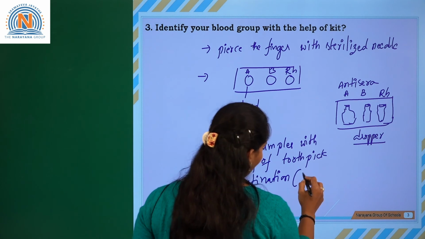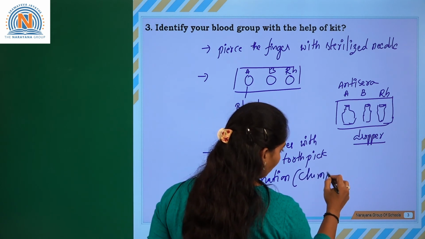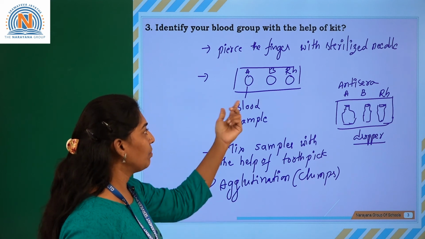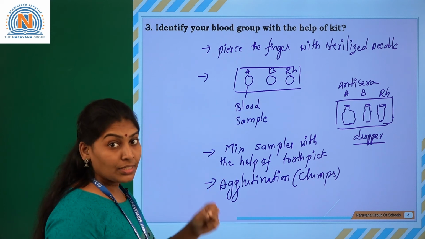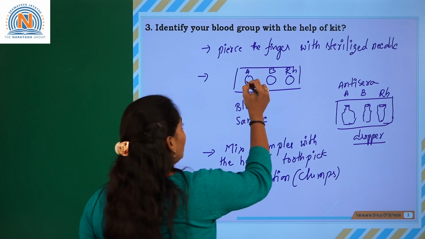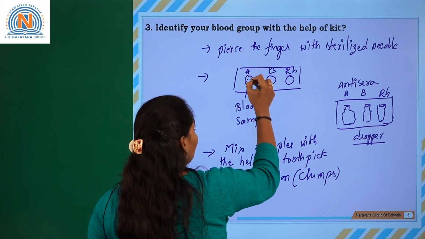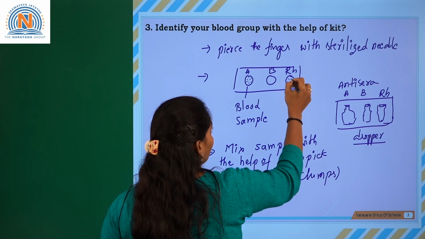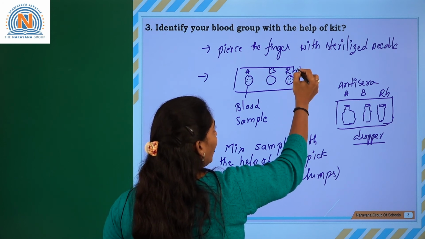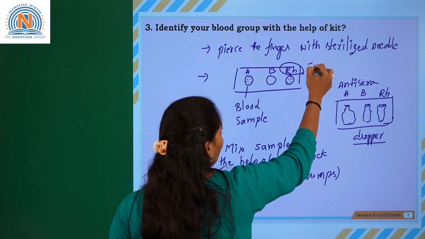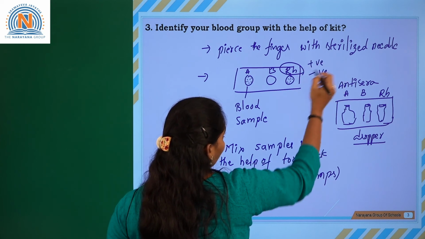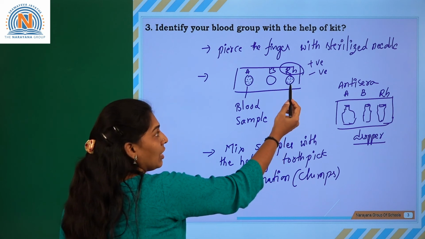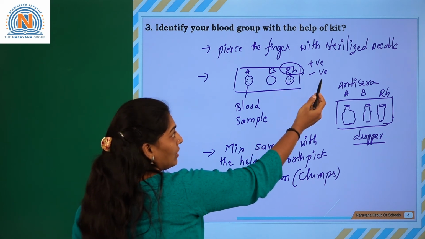As we observe the agglutination of these samples, the RH gives either positive or negative. If agglutination forms, it is positive. If agglutination does not form, it is negative.